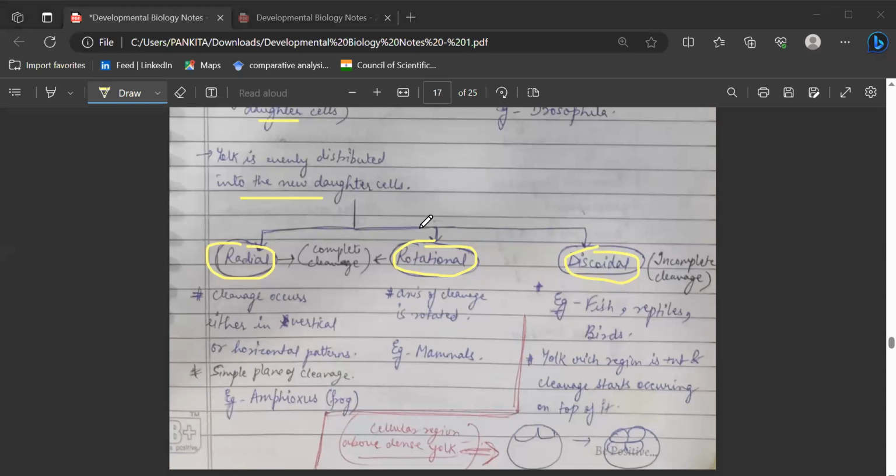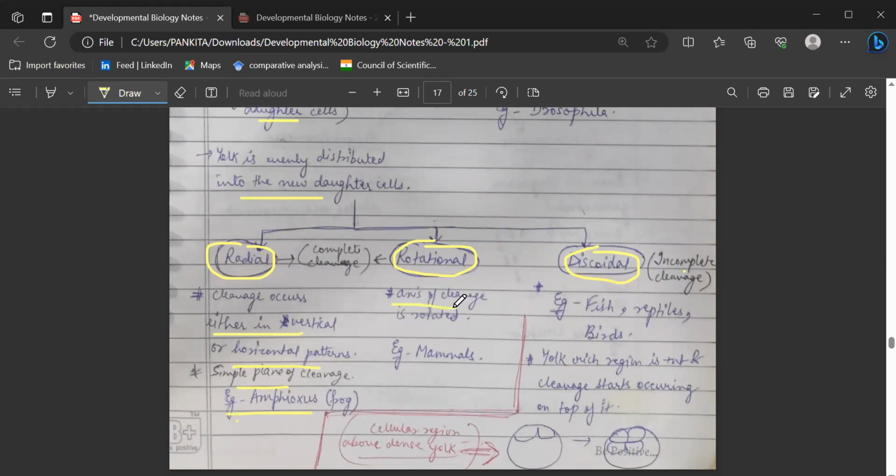Both radial and rotational cleavage are complete cleavage, and discoidal is incomplete cleavage. In radial, the cleavage occurs in either vertical or horizontal patterns. A simple plane of cleavage is the radial cleavage. Examples of radial cleavage are Amphioxus or frog.